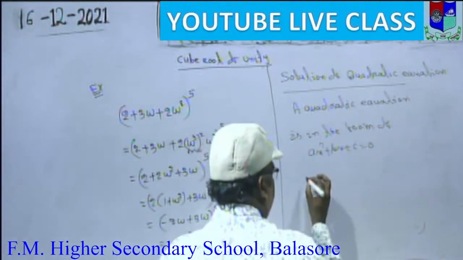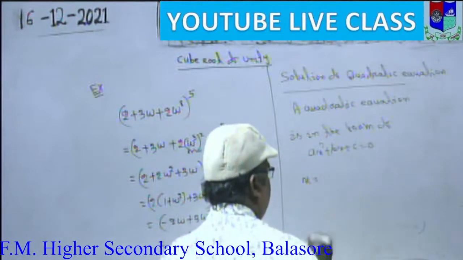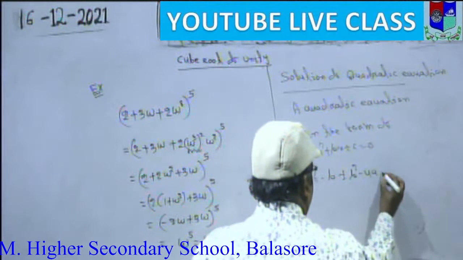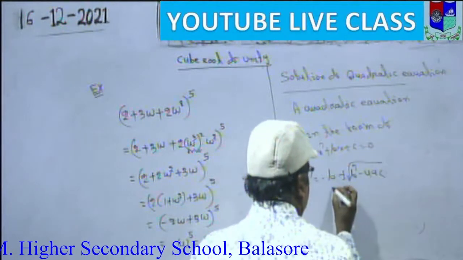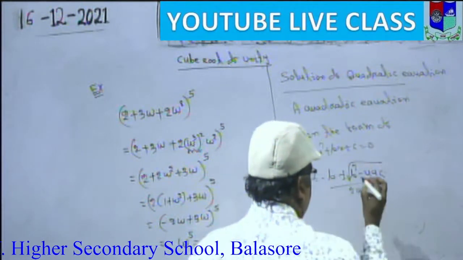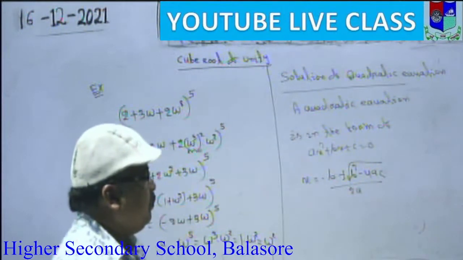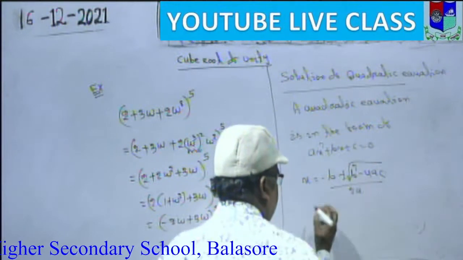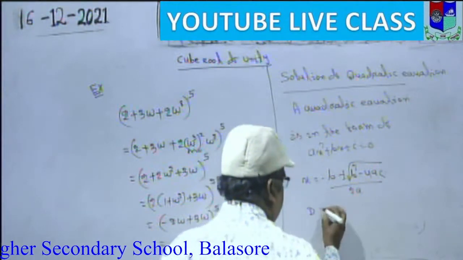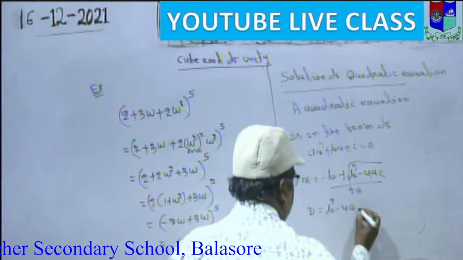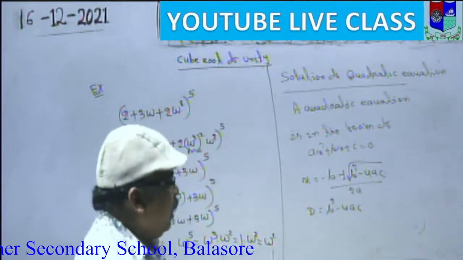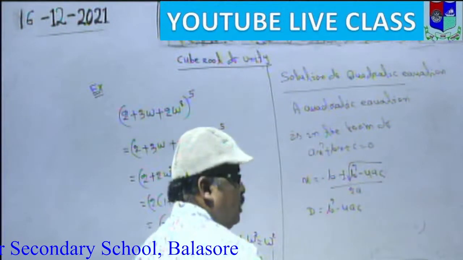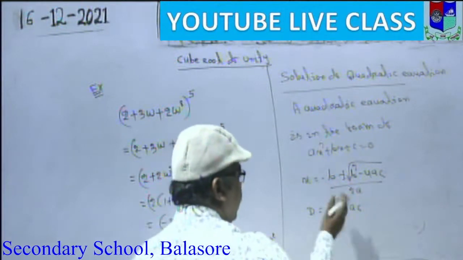Its formula is, we know, x equal to minus b plus or minus square root of b square minus 4ac, divided by 2a. And in this case, we know the discriminant D is b square minus 4ac.